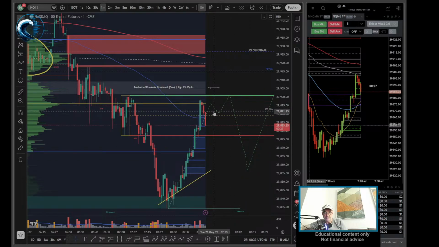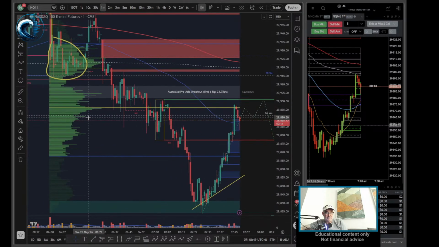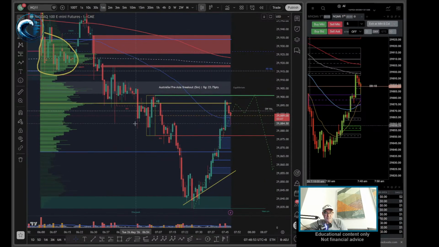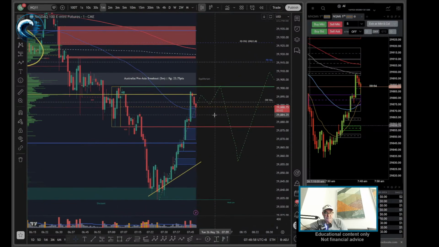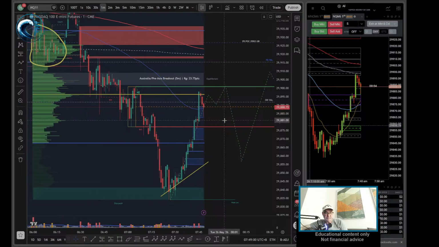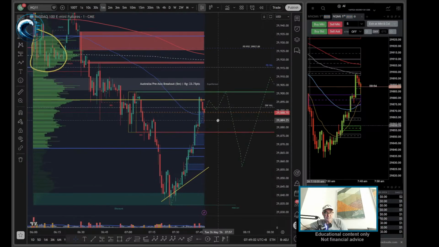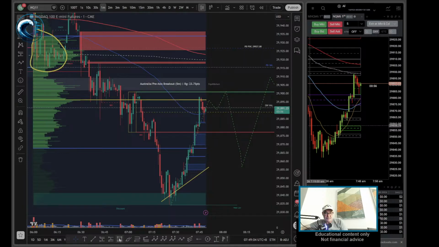Great. Looks like I'm going to miss that short, aren't I? Come back here. So that's sort of off this developing node here. So setting up the stop loss is fine.